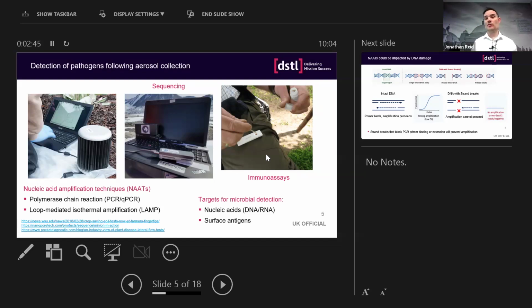They include field deployable sequencing technologies, such as the Oxford Nanopore MinION platform, but also miniaturized immunoassays, such as the lateral flow device. For those of you who are less familiar with those, PCR and LAMP are basically detecting a specific part of that bacterial DNA or RNA, and immunoassays are looking at specific proteins on the surface of the microorganism.